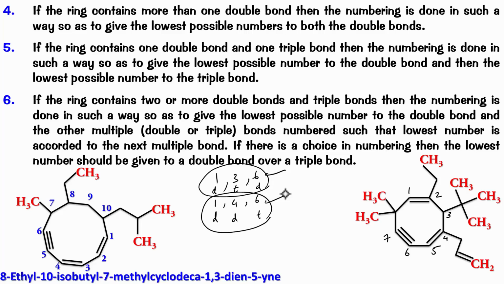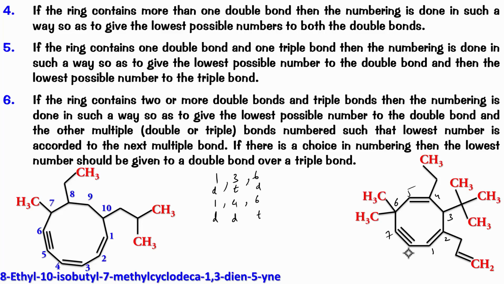So out of this particular numbering, we are having 136. Of course, there are a lot of other possibilities of numbering, keeping this as 1, 2, 3, 4, 5, 6, 7.